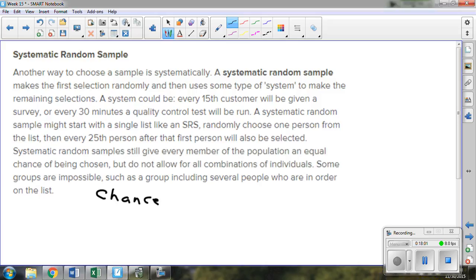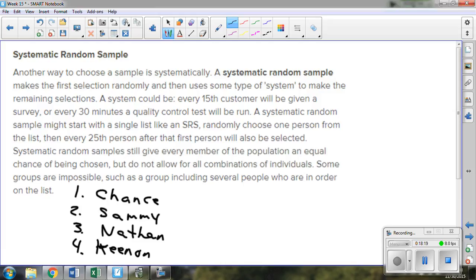Chance, I'm going to assign you the number 1. Sammy, you could be assigned number 2. And Nathan, we can assign number 3. Keenan, you'll get number 4. And we can take Alex as 5.